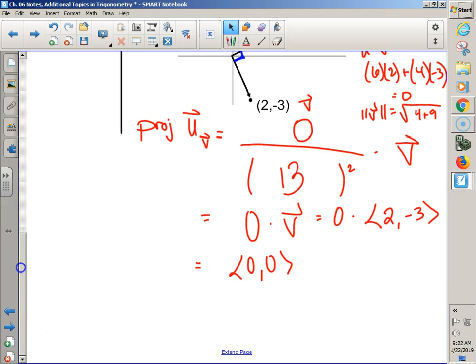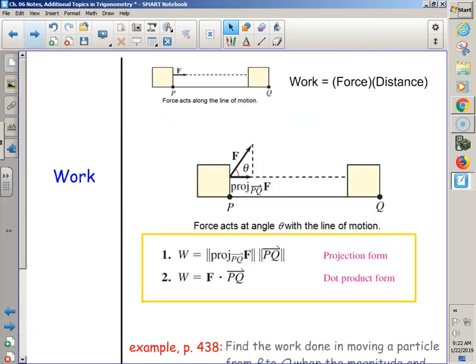I have to have it at an angle in order to have a projection. Now, I could lift it up, but that's totally different. That would be helping in this vector, not in the other vector. So if I'm pulling at 90 degrees and trying to go forwards, it's not going to result in any sort of projection. Does that give you an idea of projection? A little bit? Do we have another one?